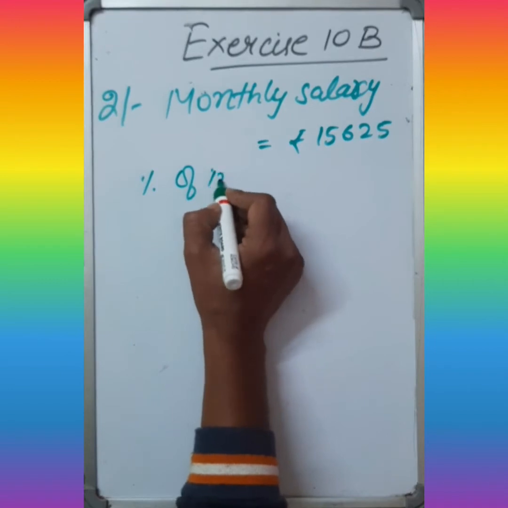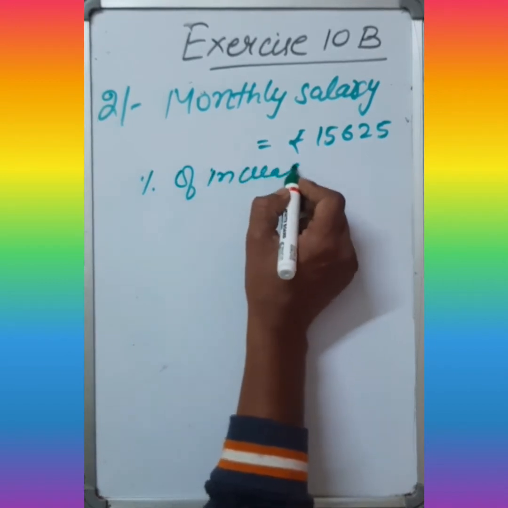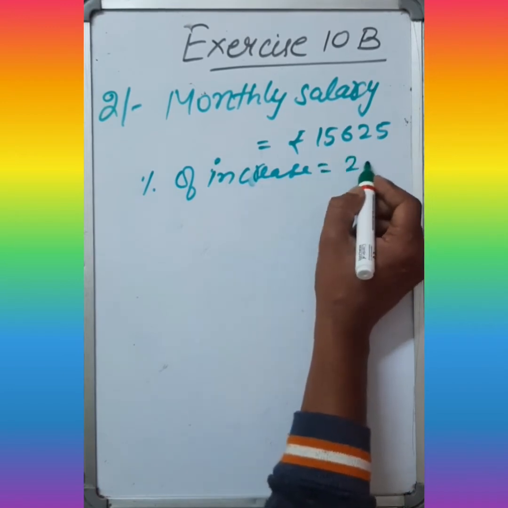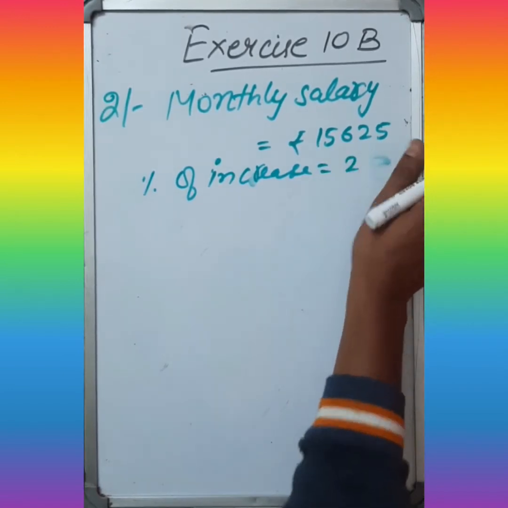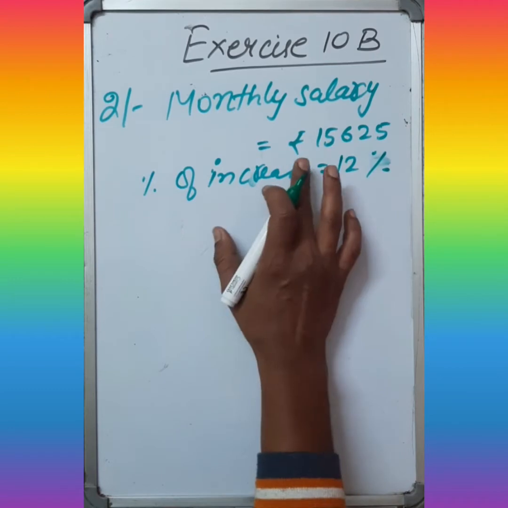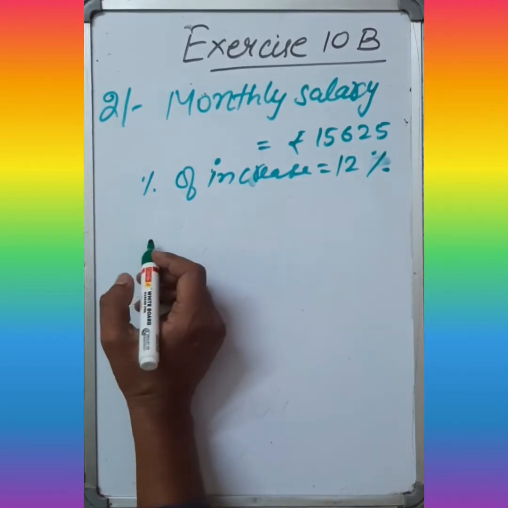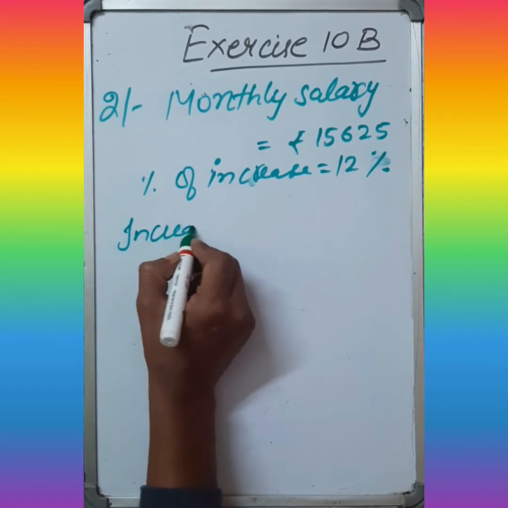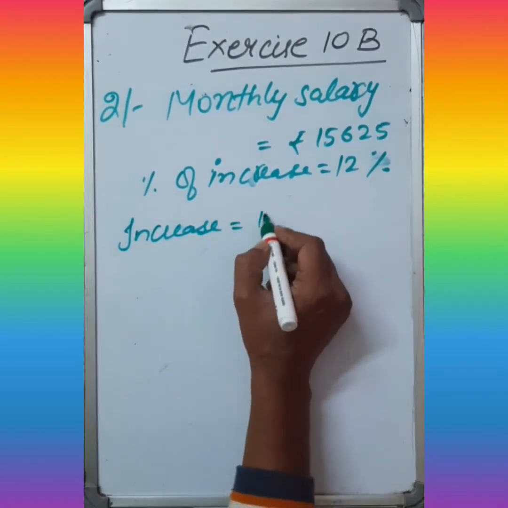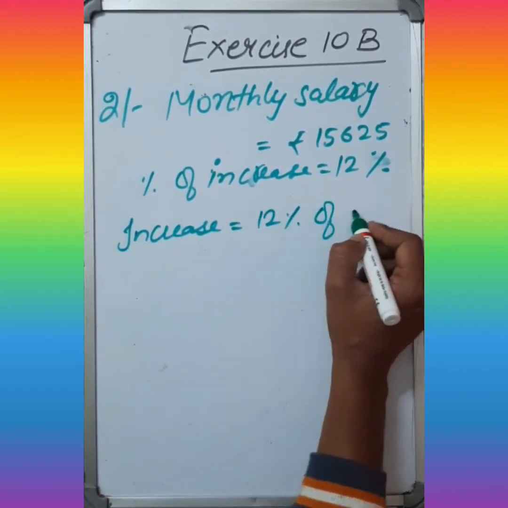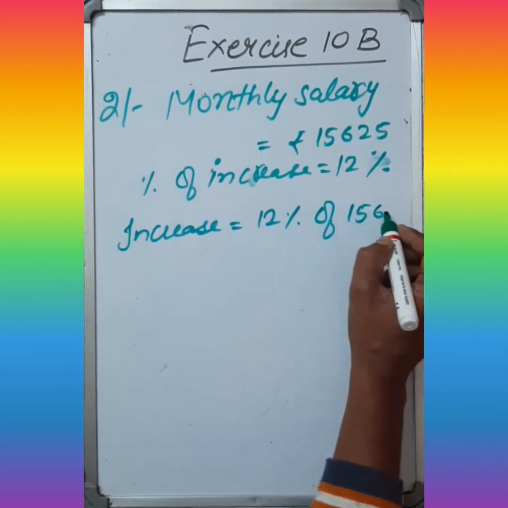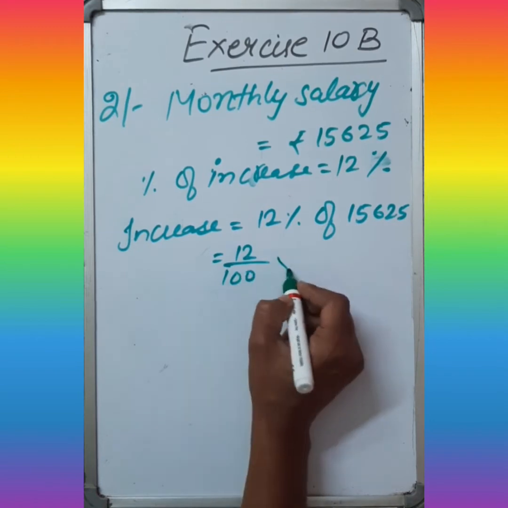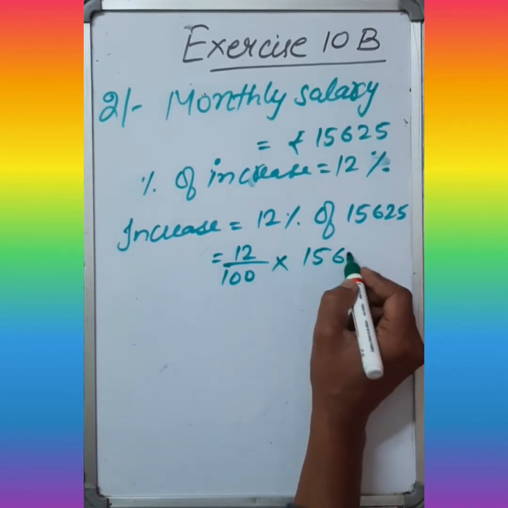Percent of increase equals 12%. Okay. So the increase or increment equals 12% of 15625, that is 12 upon 100 into 15625.